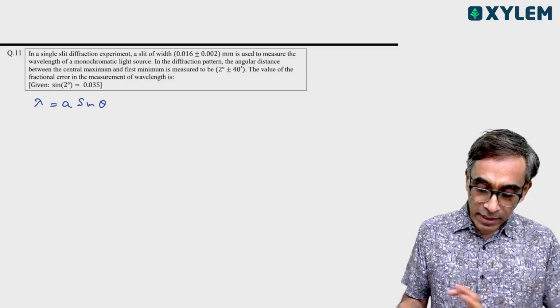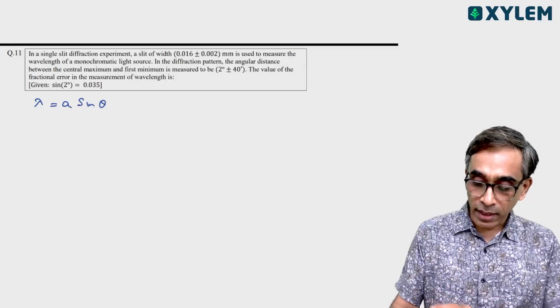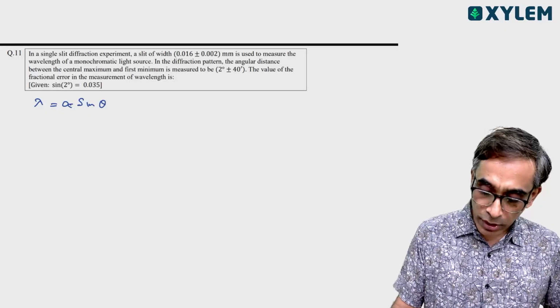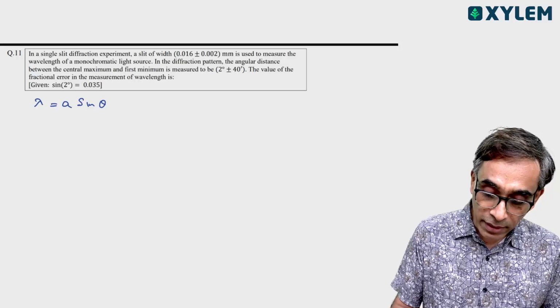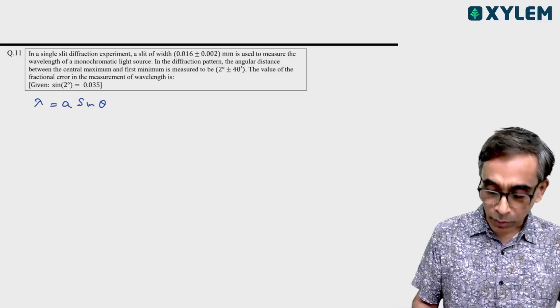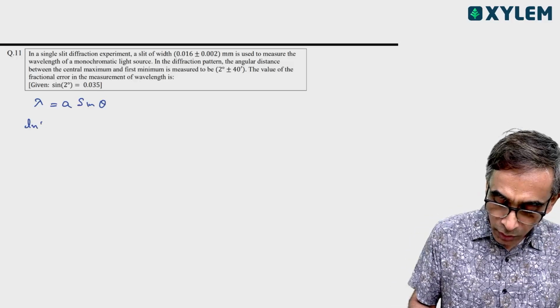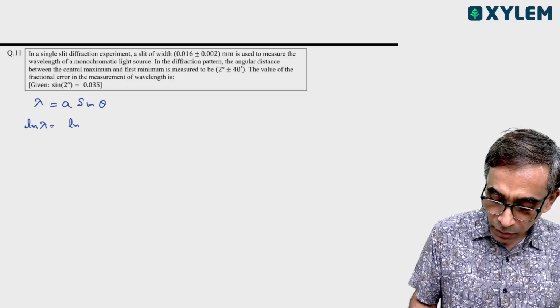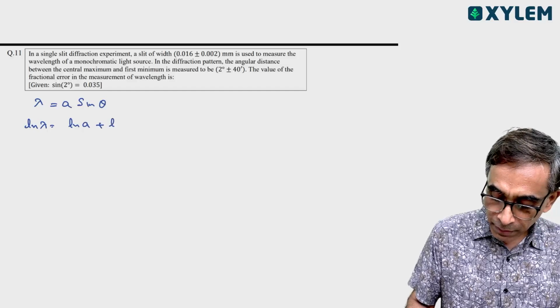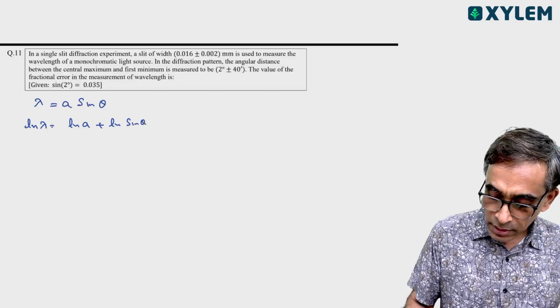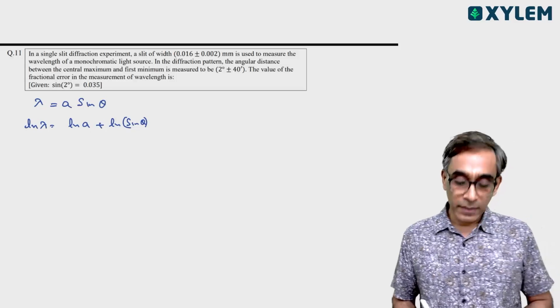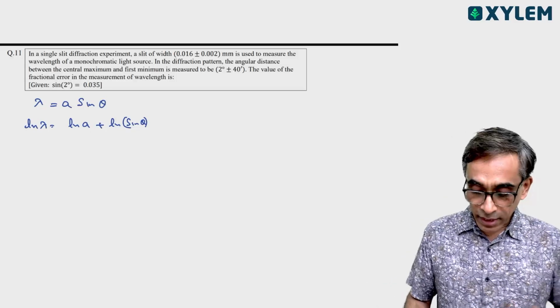Here, since it involves a product on the right hand side, you need to convert this into addition. That's why we use logarithm on both sides. We write log lambda equal to log a plus log sin theta. Then we take the derivative.